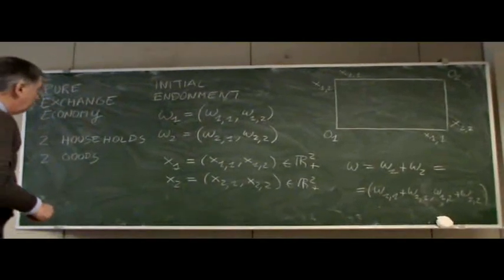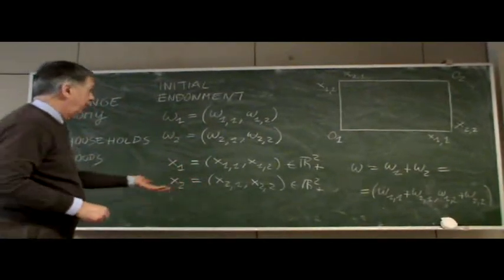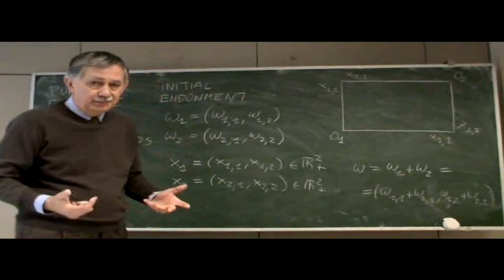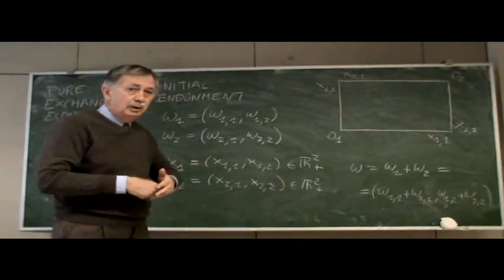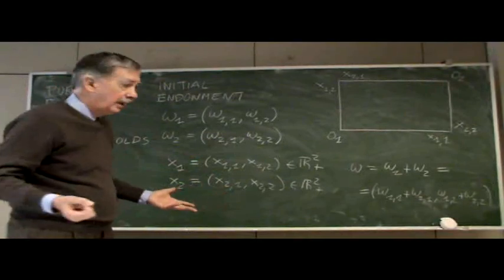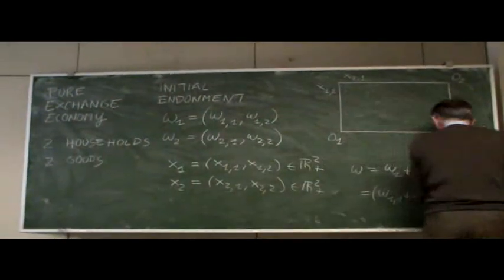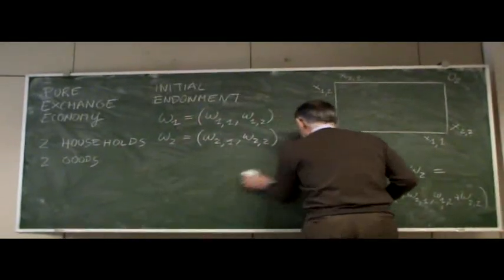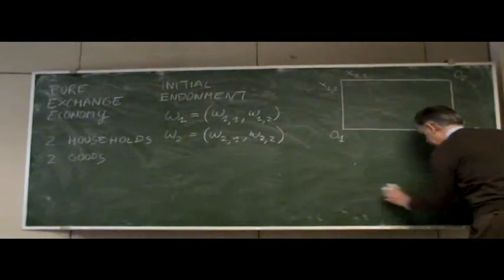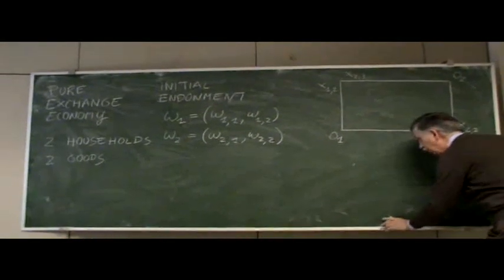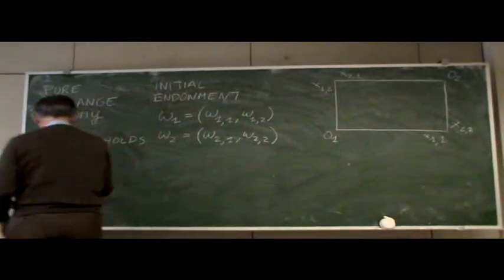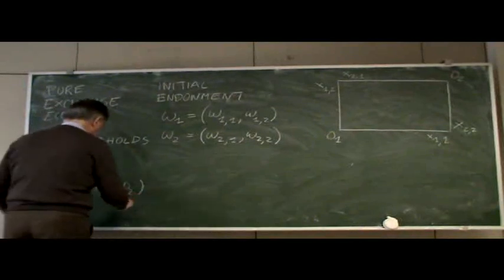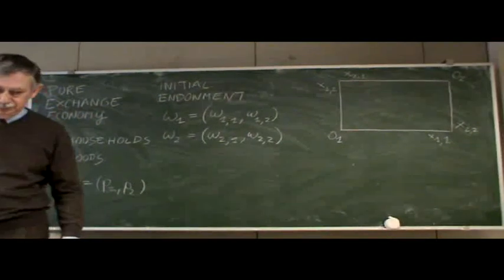We shall suppose that there is market completeness. In this case, it is obvious, because if this assumption were not true, it would not be possible to exchange anything, since there are only two goods. So we have a price system with exactly two components, p1 and p2, the price of the first good, the price of the second good.